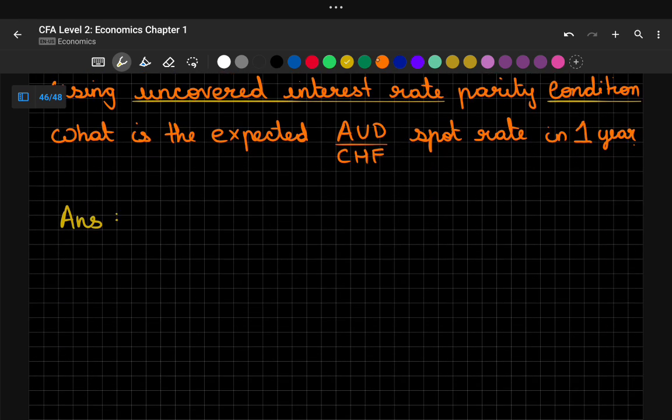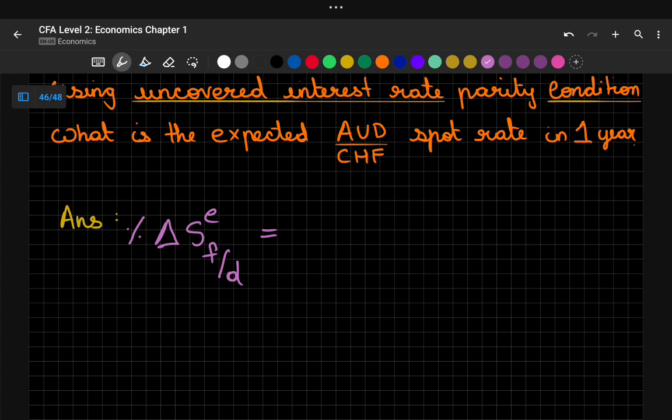As per our curriculum, we know the percentage change in expected spot rate is approximately equal to, but here we would be using the equal to sign because it is easier to calculate, and this is what our curriculum uses.